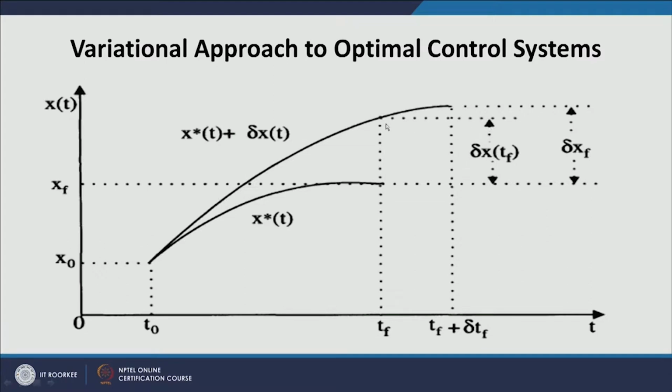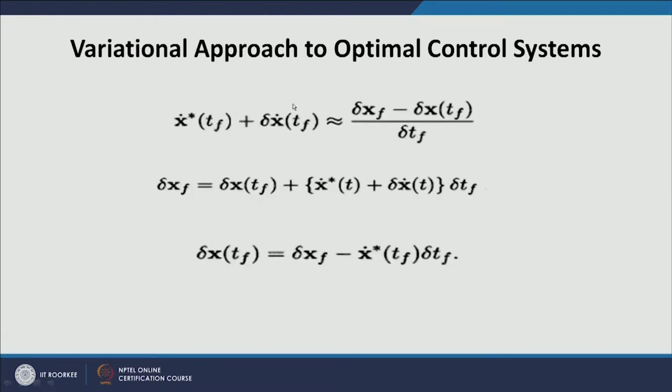This is because this is the value at the tf point and this is the value at the tf plus delta tf point, and the difference between these two divided by delta tf is nothing but my x dot of tf plus delta x dot of tf.